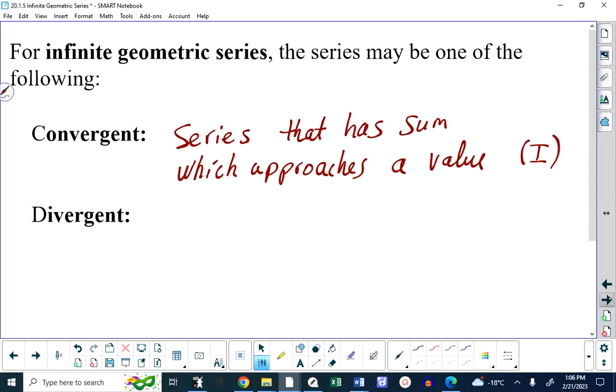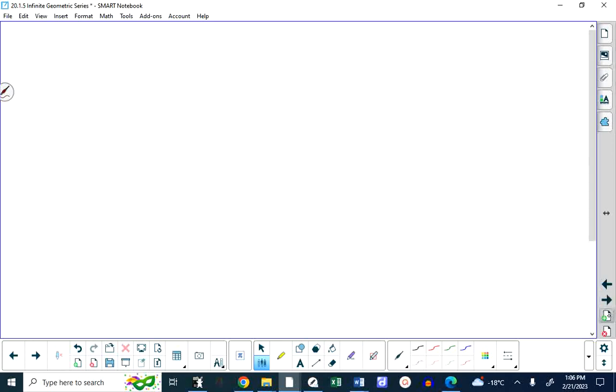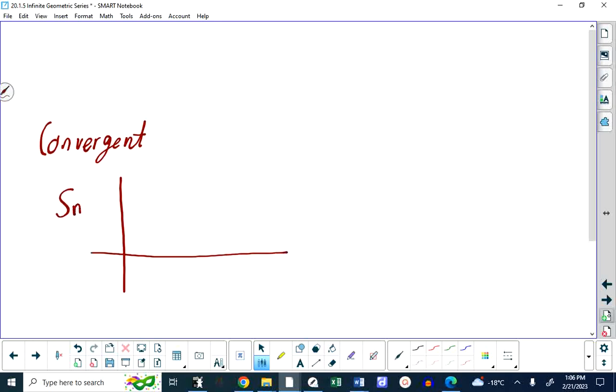So what you have with convergent, and you can choose to add this wherever you like, is if you have a graph of Sn as a function of n, it doesn't matter what the sum is, it's going to get bigger and bigger, but it's going to approach some value. And it will never reach that value. The sum is converging on that value.